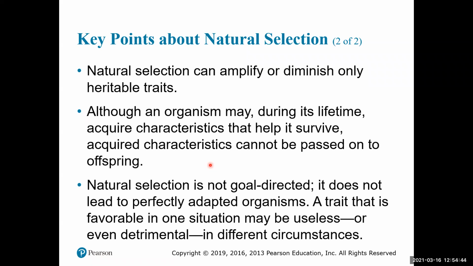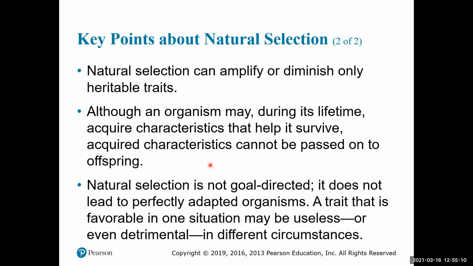And so another important fact we need to come to grips with is that natural selection is not goal oriented, right? So it doesn't lead to perfectly adapted organisms. And the organisms don't experience a situation and say, oh, like insects, oh, this insecticide is being applied to our environment, we need to develop a resistance.